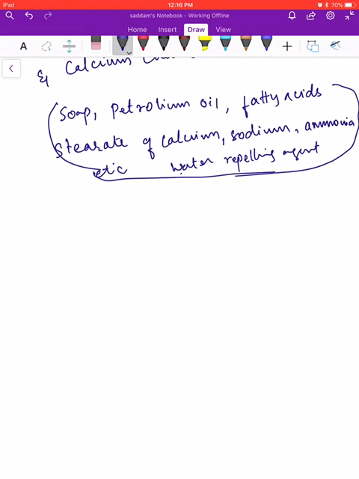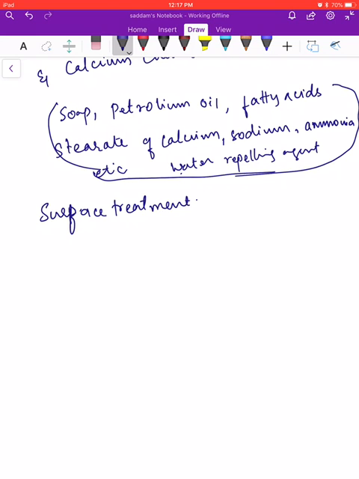Now the next method is surface treatment. This consists in filling up the pores of the surface subjected to dampness. If there is any pore, that has to be filled. The use of water repellent metallic soaps such as calcium and aluminum, as we have discussed, and stearate is used in filling the pores which are formed on the surface, so that the water gets repelled from them.